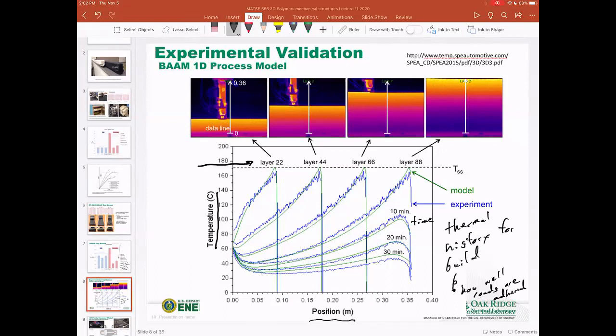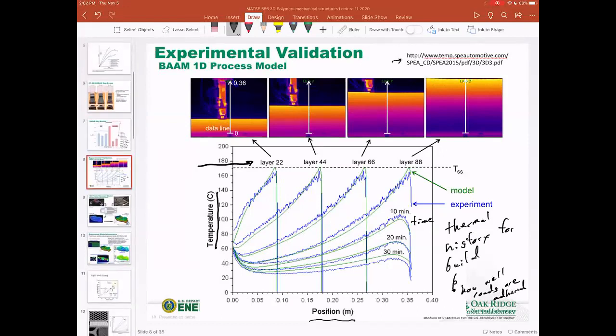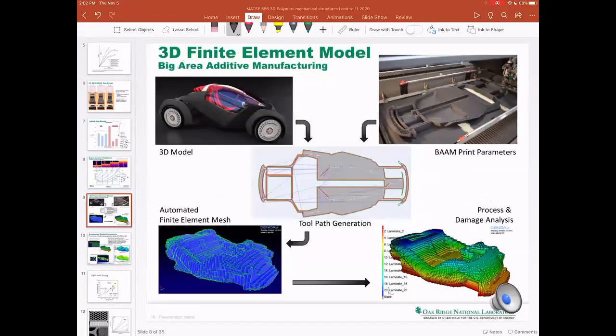And this is in this Society of Automotive Engineers preprint. And so you can check this out, because when you develop this thermal model, and this is just showing the local model right here, but validating what the model versus experiment looks like if you're measuring the temperature, you can try and extend this to the whole BAAM machine.